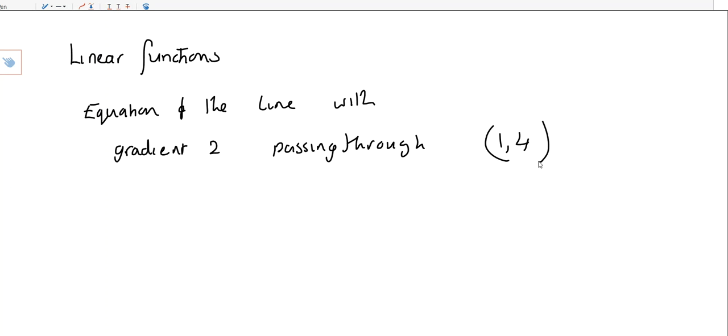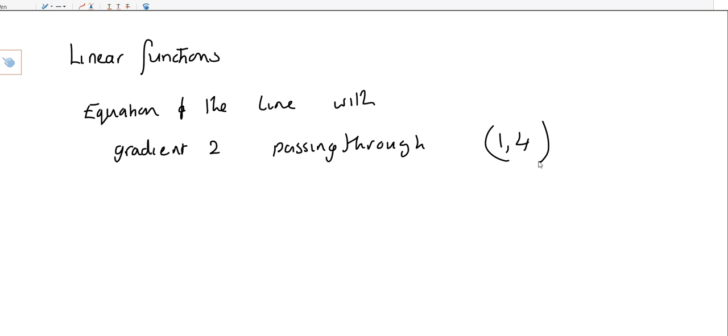So if I gave you that information and said, what's the equation of that line? So we can put our calculators down now, we don't need them. We just have to be able to do this ourselves. Who would know what the equation was? So what's the equation of the line with gradient 2 passing through (1, 4)?